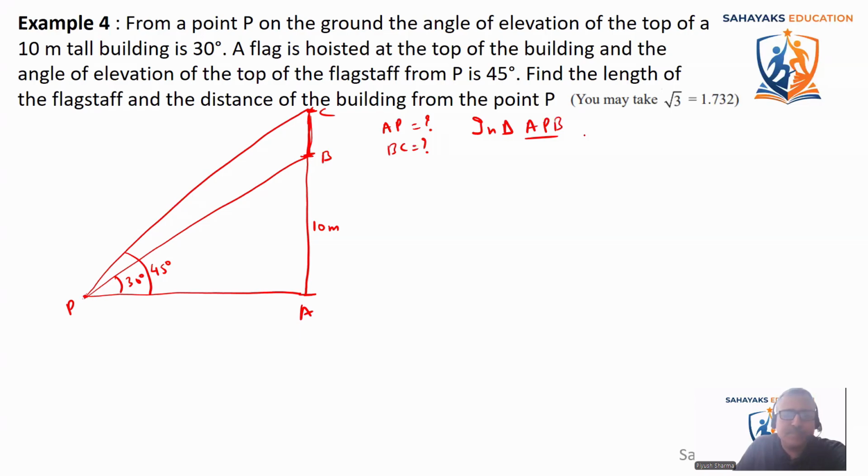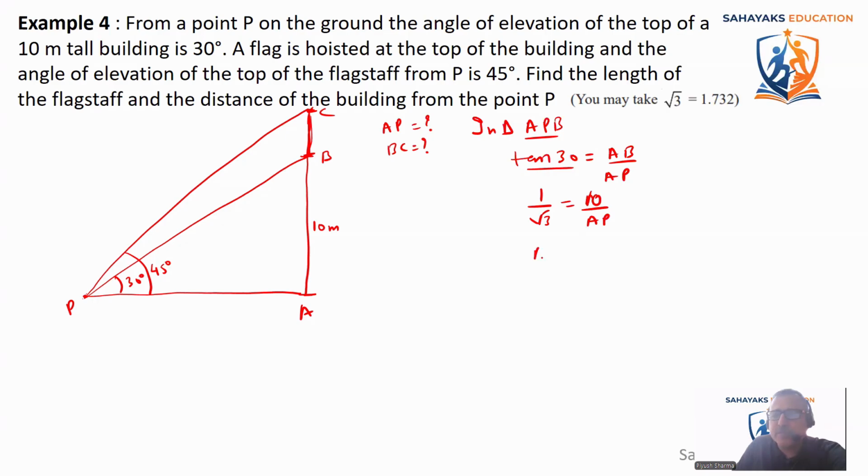In this triangle, we can take tan 30 is equal to AB divided by AP, isn't it? So what's the value of tan 30? Tan 30 is 1 by root 3. So 1 by root 3 is equal to AB, which is 10, divided by AP.